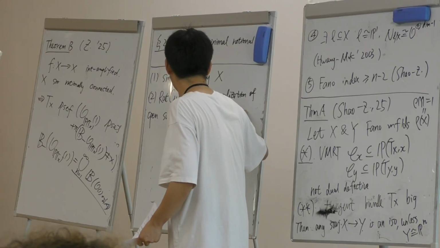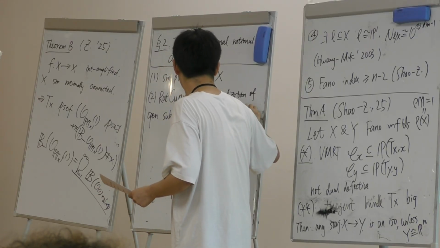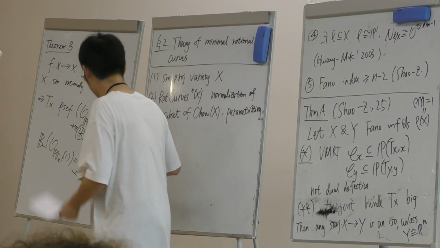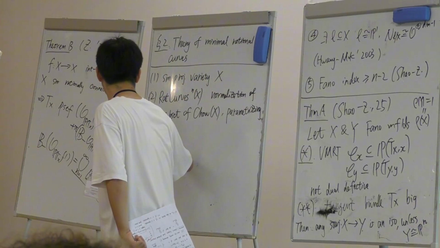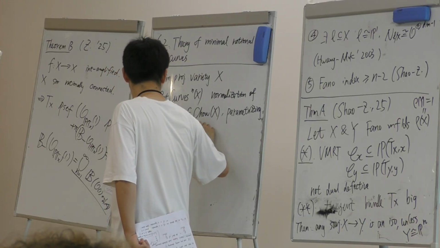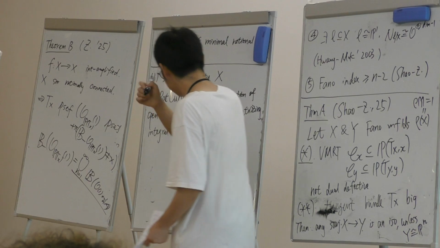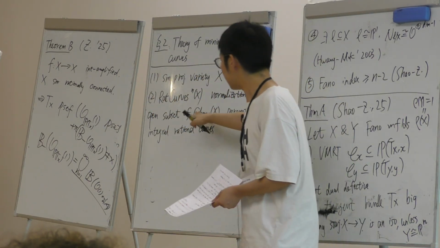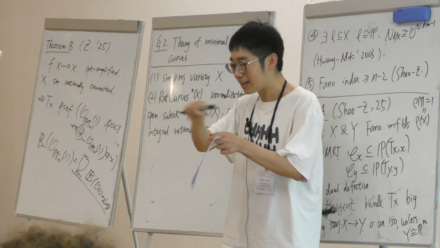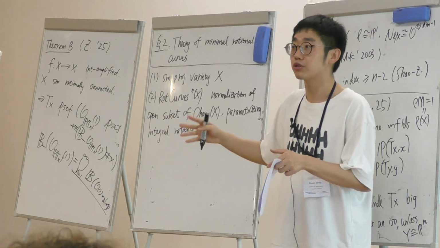It is parametrizing integral rational curves. So this means, inside this Chow variety, we take all of the elements which represent integral rational curves.